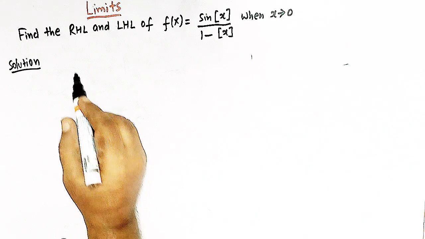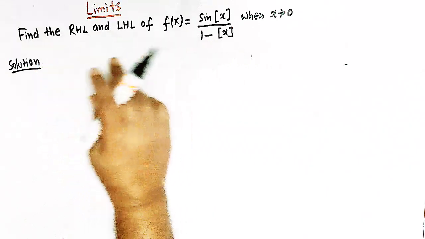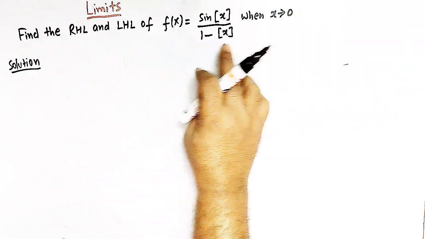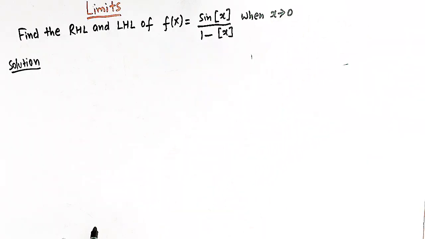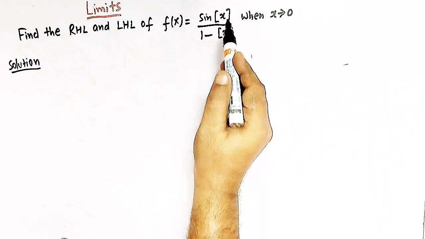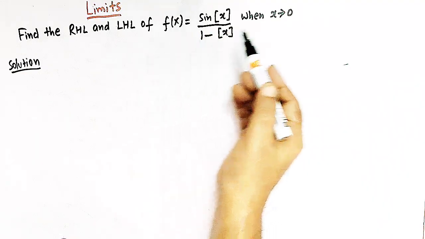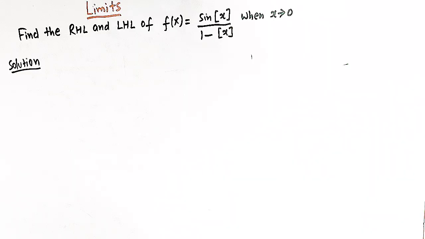We will evaluate both limits and then see whether the limit of this function exists or doesn't exist when x tends to 0. So let us start.